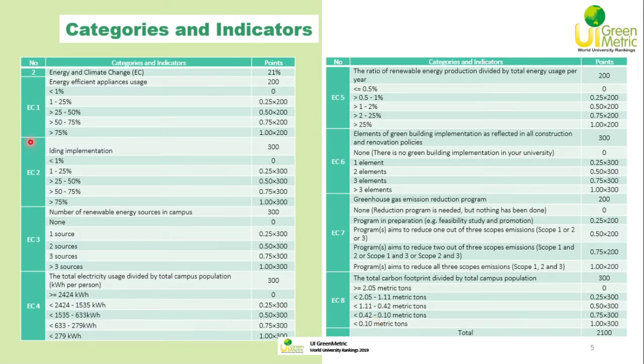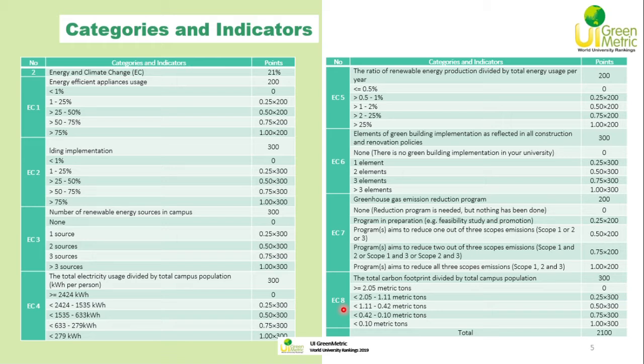Category 2, energy and climate change, has 8 criteria. The keywords in this category are source, production, usage, efficiency, and policy. For source, the criterion requires that you have 3 or more renewable sources for the energy on your campus.